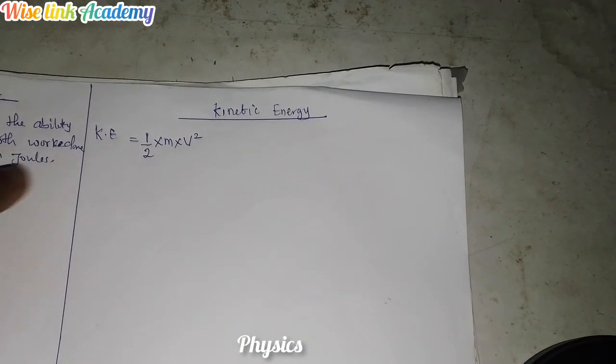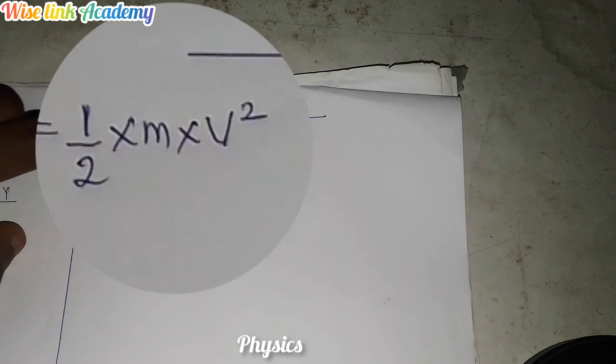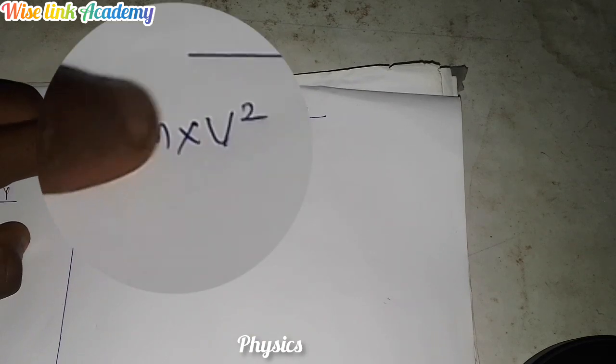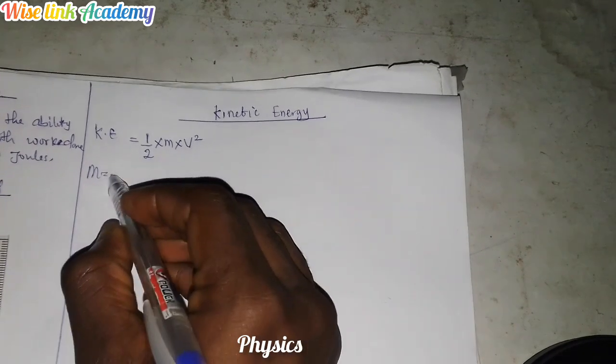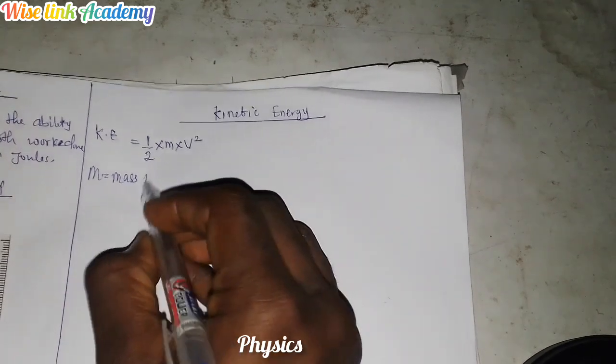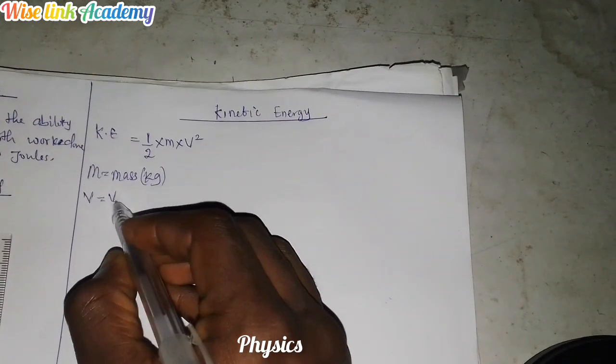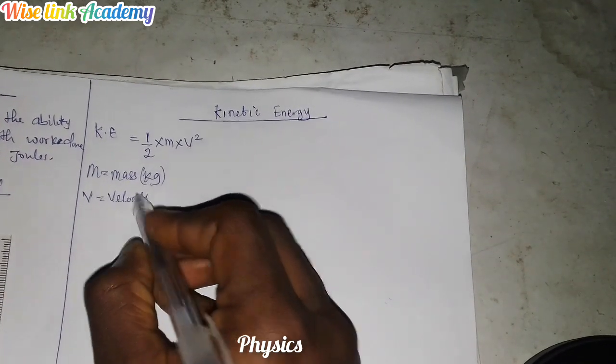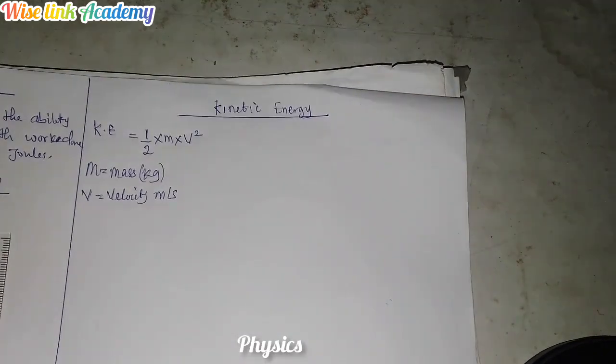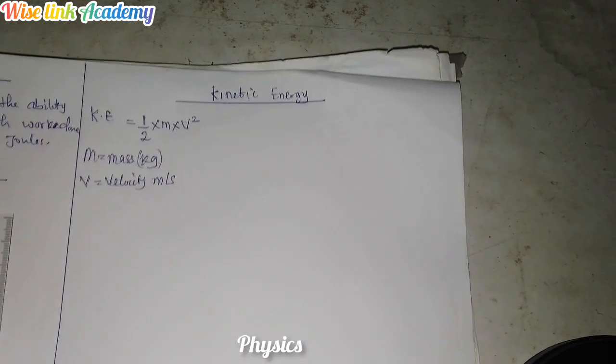So take note that kinetic energy is 1 over 2 mass times velocity square, where M is the mass in kg, and V is the velocity in meters per second. Isn't it? So we can now proceed.